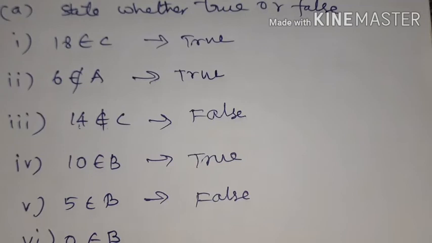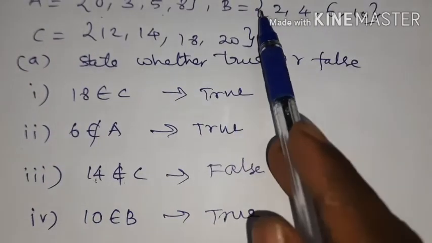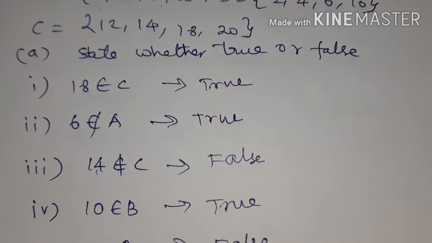Then last one, 0 belongs to B. Check the set B. B not having 0. So 0 belongs to B is false.